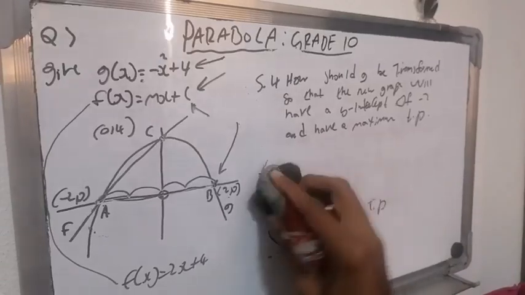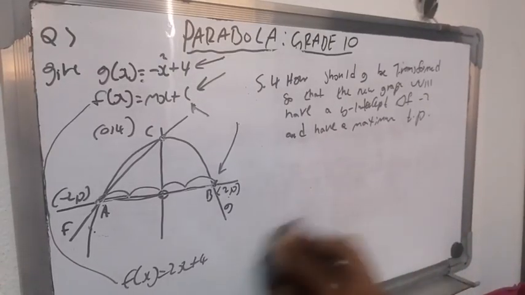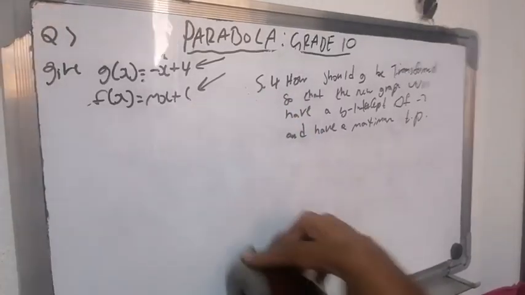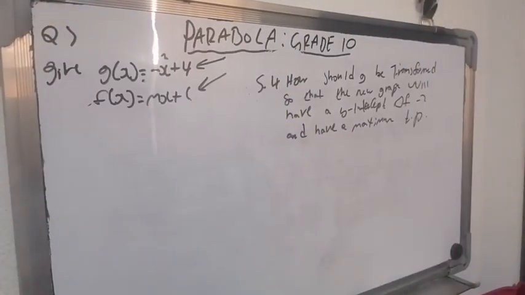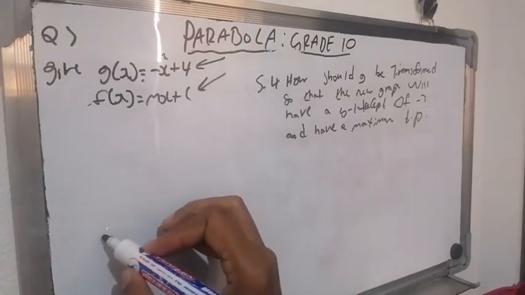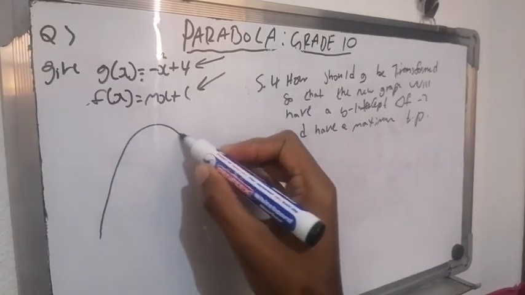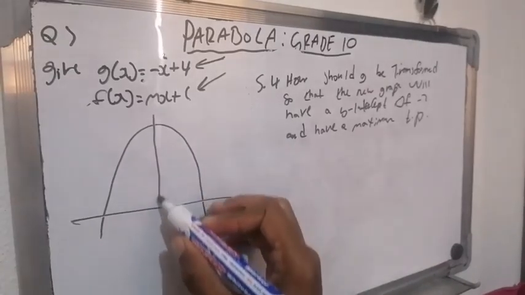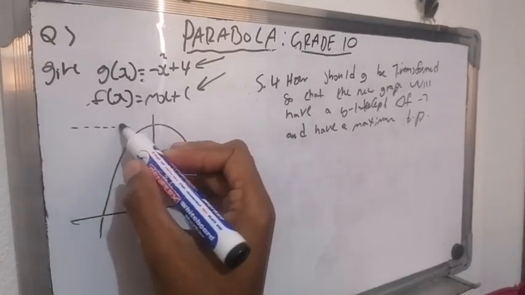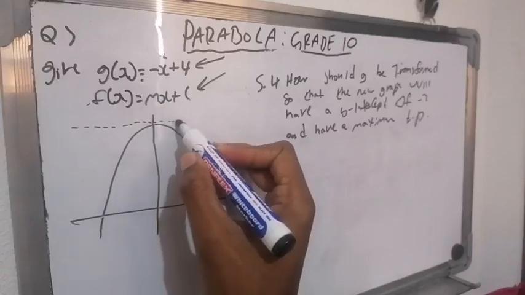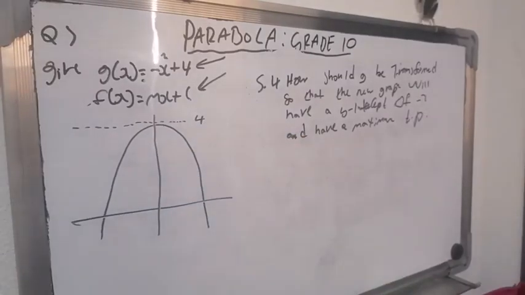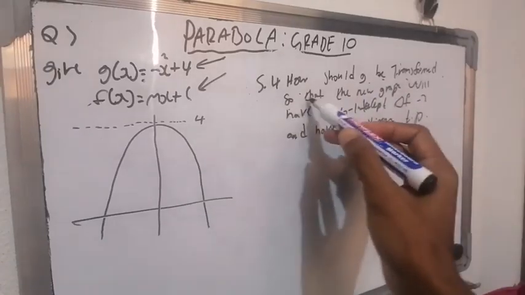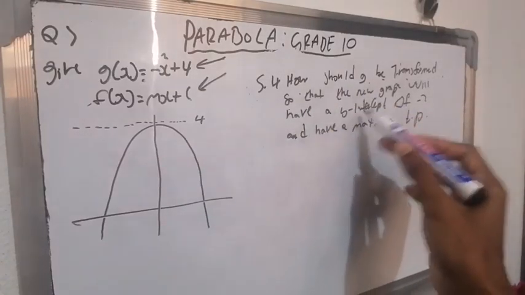Now I want you to listen very carefully, because I want to show you how this will play out. Our previous graph, the one that I just wiped, is like this, and the line was exactly at 4. How should g be transformed so that the new graph will have a y-intercept of -2?